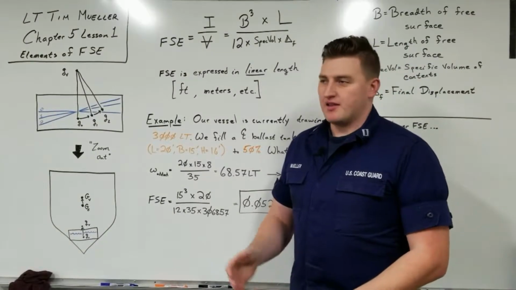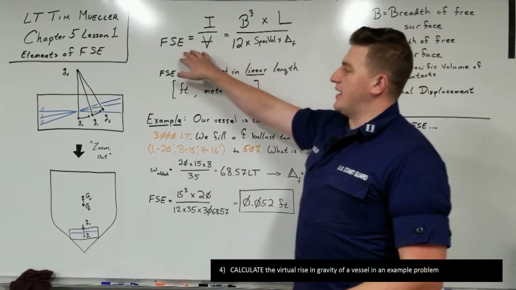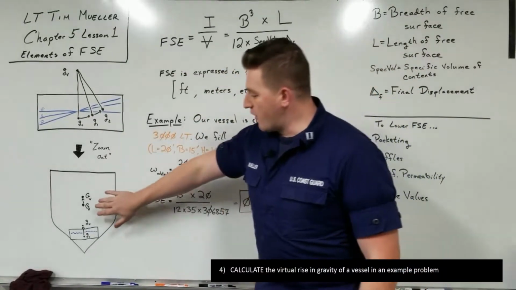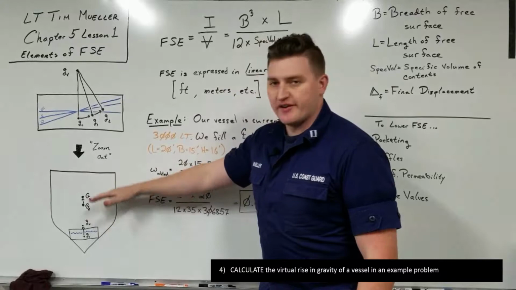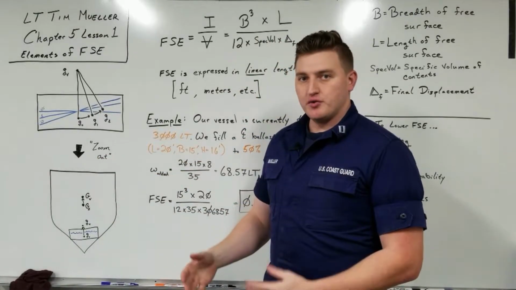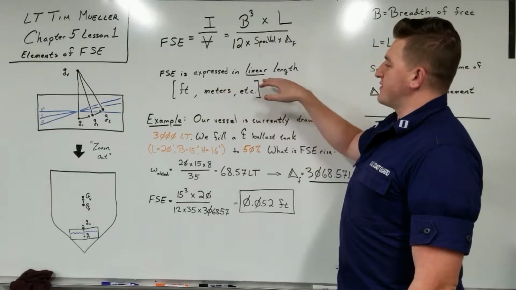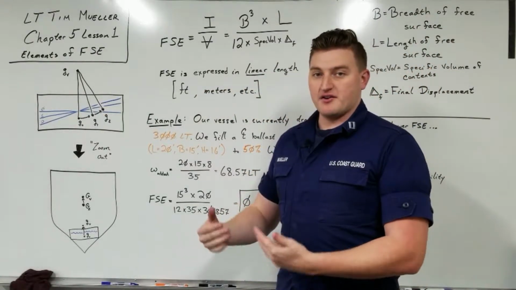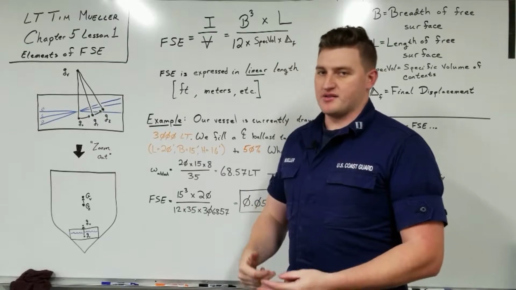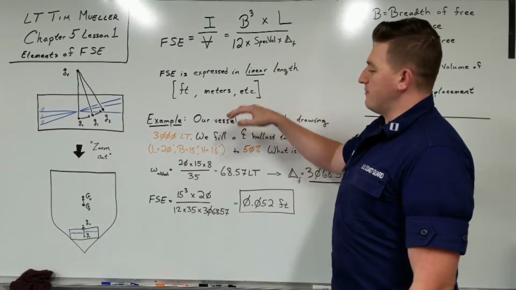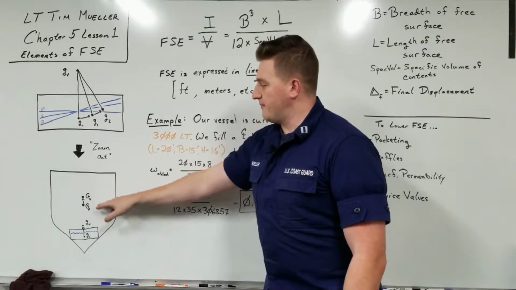Now, like I mentioned, this here is how far the ship's overall center of gravity shifts virtually due to free surface effect. Free surface effect is expressed in linear length, so linear units of feet, meters, centimeters, whatever it might be. It's always going to be a linear length.